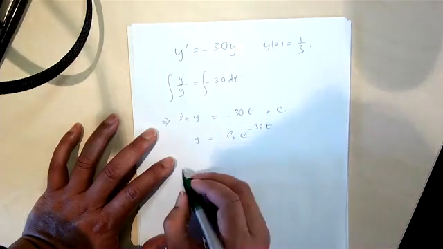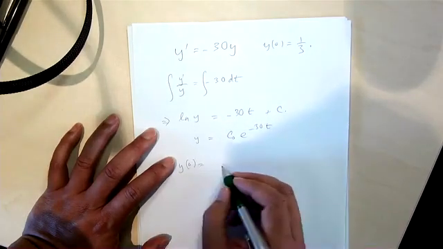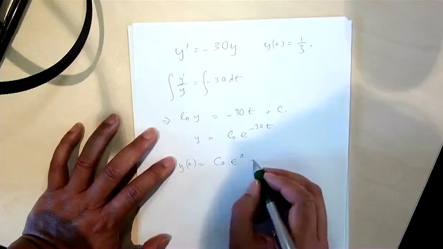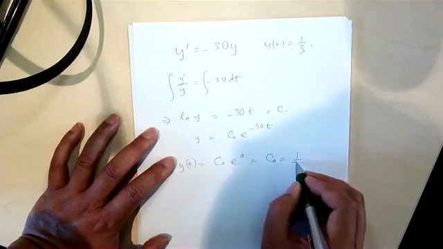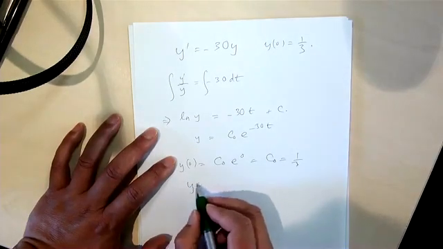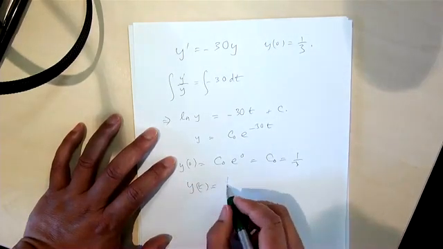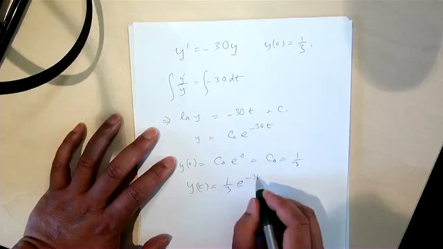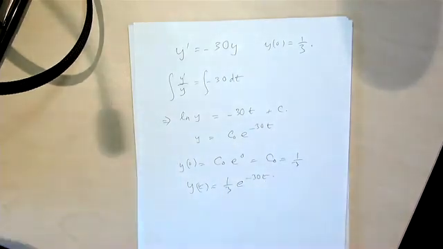Then y(0) is c0 times e to the 0, so c0 has to be 1/3. So y is just 1/3 e to the minus 30t. That is the exact solution. In this case, we know the exact solution.